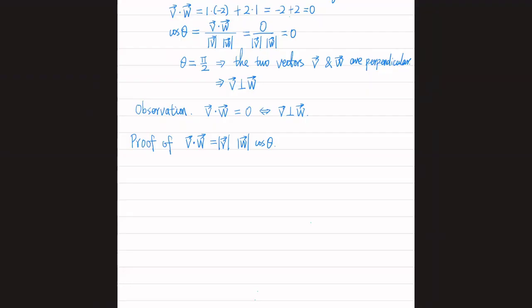What does that tell us? Okay, so we start with two vectors. Call this V. We call this W. This is the theta. I'm going to connect these two points. Now we have a triangle. I'm going to label this C, A, B.